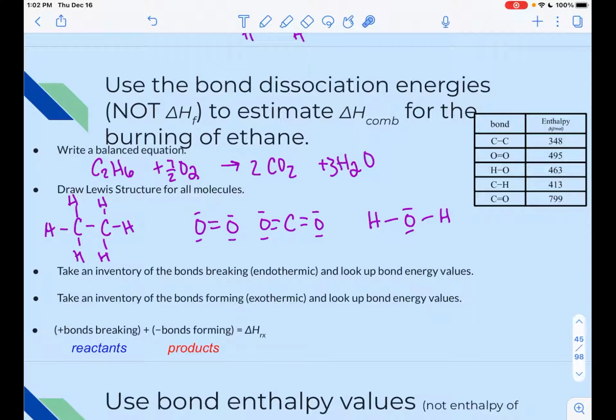So the bonds breaking, we have 1 CC, which if you look up in your little table over here is 348 kilojoules per mole. And then we have 6 CH bonds.